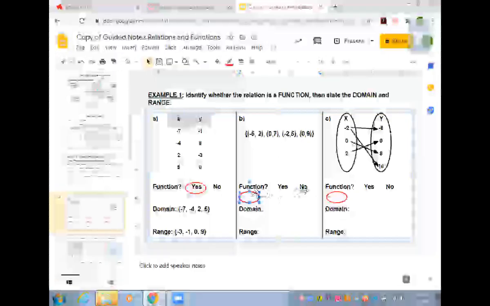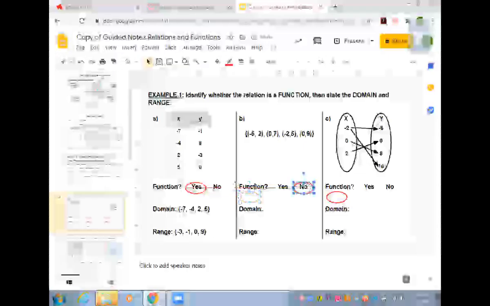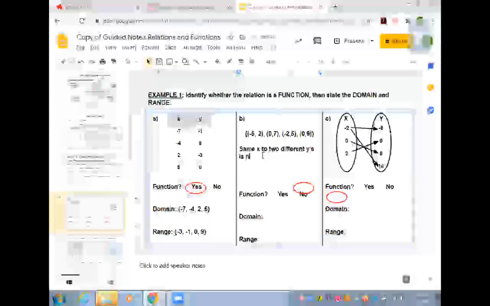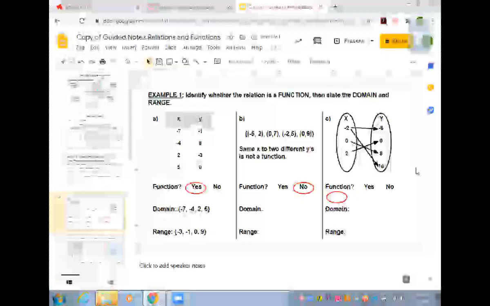No. The same X to 2 different Y's is not a function.